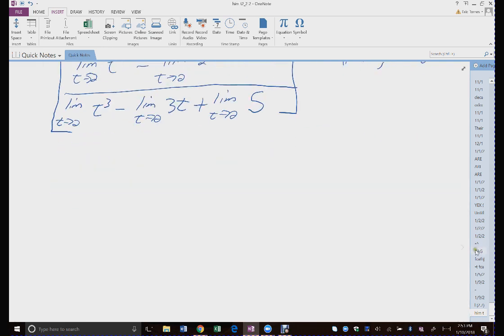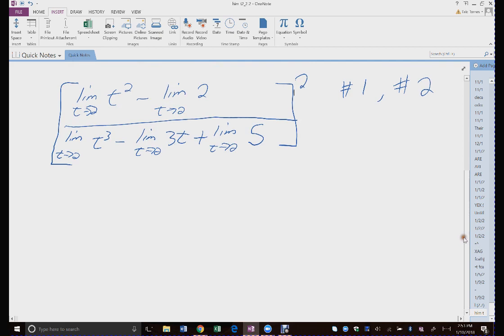Okay, so let's talk about what we have. I don't want to apply too many limit laws at once. Let me think about it for just 1 second. How many limit laws do I have to apply?